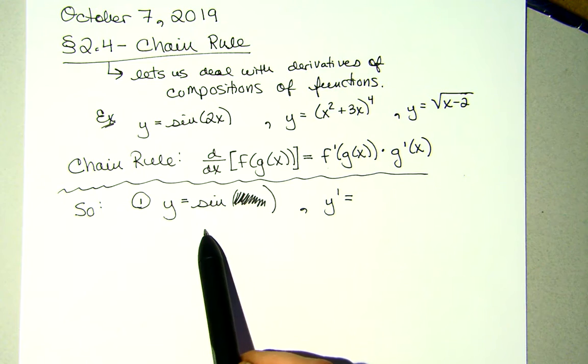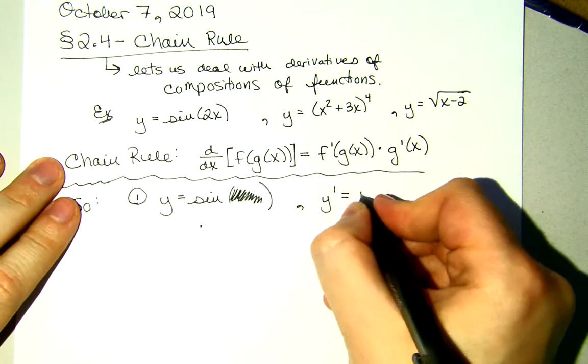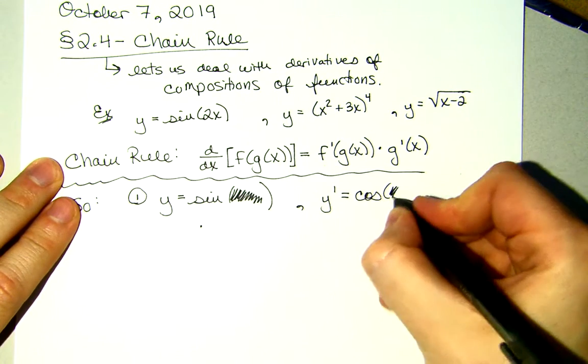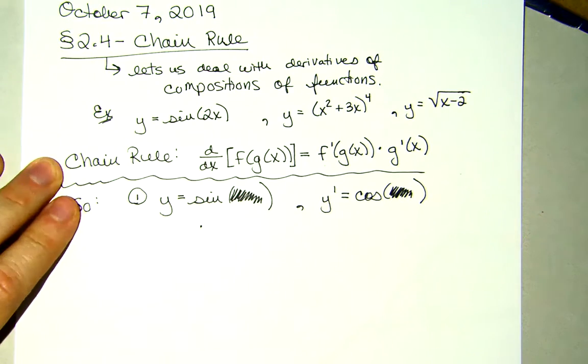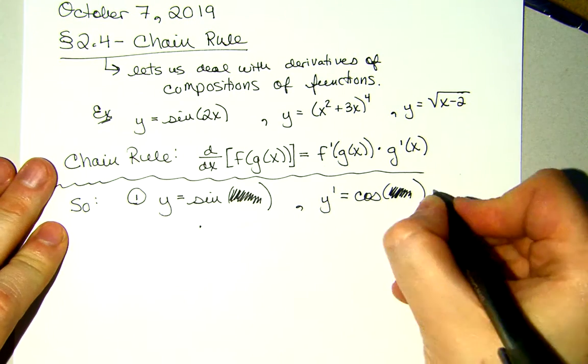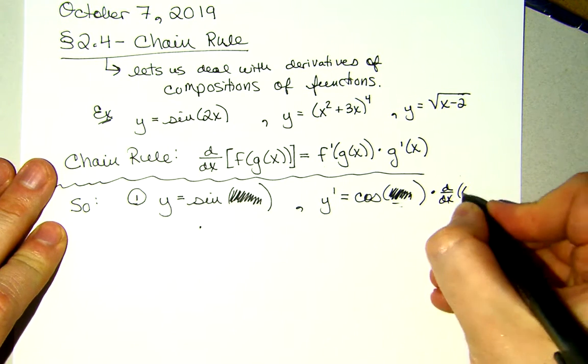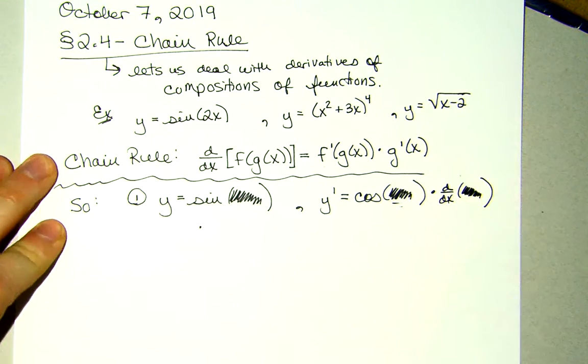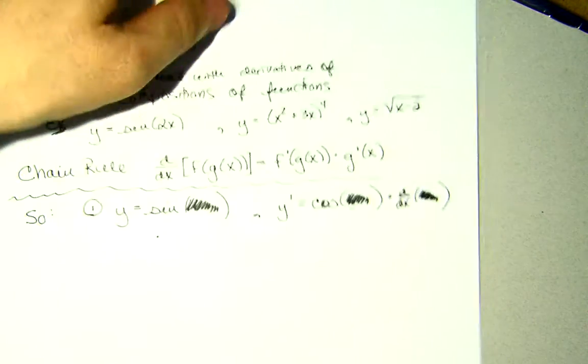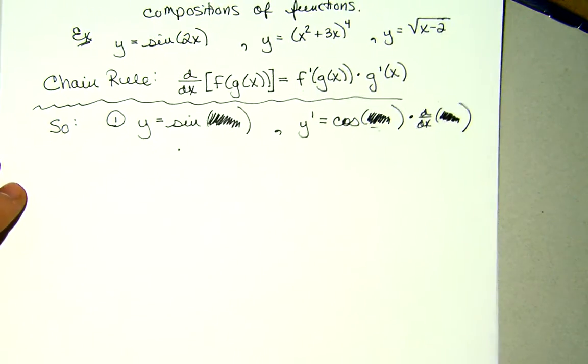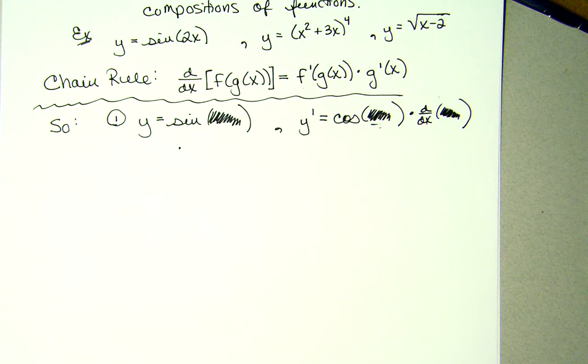What's the derivative of sine? I'm going to get the cosine of that thing. And the chain rule says I should then multiply by the derivative of that inside piece, whatever the derivative of that thing inside is. I'm going to take the derivative of the outside thing, leave everything inside. Then I'll multiply by the derivative of the thing inside.